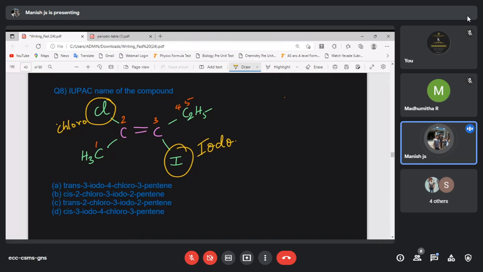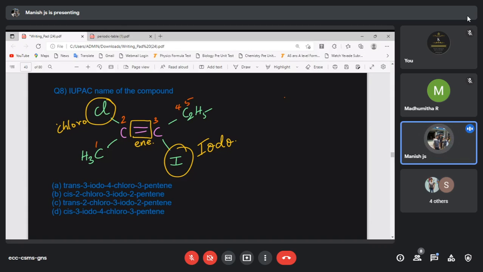ஸோ வாட் வில் பி த நேம்? செகண்ட் பொசிஷன்ல டபுள் பாண்ட் இருக்கு. ஸோ அதுவும் நீங்க மறந்துடக்கூடாது. ஸோ இது வந்து ஈன். ஸோ இதோட பேர் வந்து trans 2 chloro 3 iodo 2 pentene. ஏன் டிரான்ஸ்னு சொல்றோம் அப்படின்னு பாத்தீங்கன்னா உங்களுக்கு மேல ஒரு ஹாலைடும் கீழே ஒரு ஹாலைடும் இருக்கு. டபுள் பாண்டுக்கு மேல ஒரு ஹாலஜன் இருந்து டபுள் பாண்ட் கீழே ஒரு ஹாலஜன் இருந்துச்சு அப்படின்னா நம்ம அதை டிரான்ஸ் அப்படின்னு சொல்லுவோம். சப்போஸ் ஒரே சைடு, சேம் சைடு ஆஃப் த டபுள் பாண்ட் இருந்துச்சு அப்படின்னா நம்ம சிஸ் யூஸ் பண்ணுவோம். இட்ஸ் கால்ட் as cis. ஆப்போசிட் சைடுல இருந்துச்சுன்னா இட் இஸ் கால்ட் as trans. ஓகேங்களா?